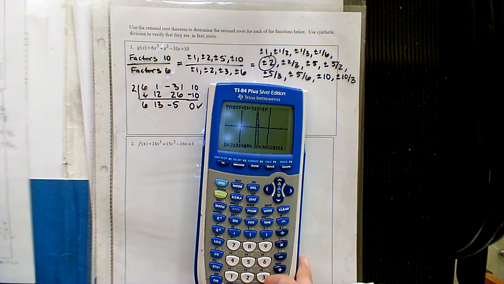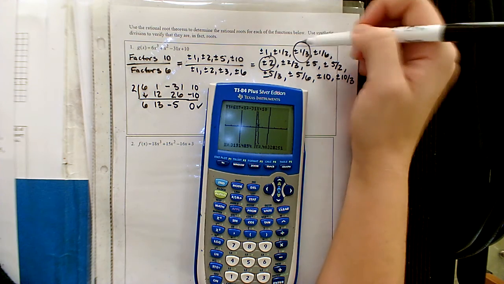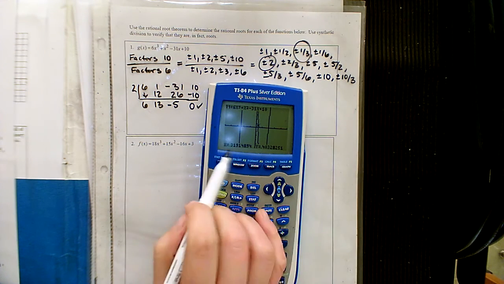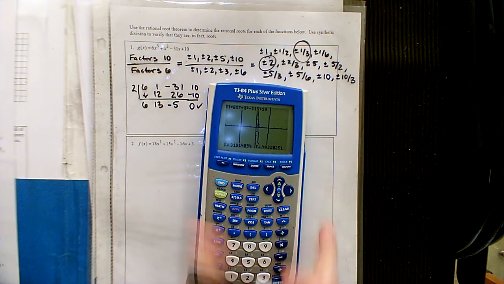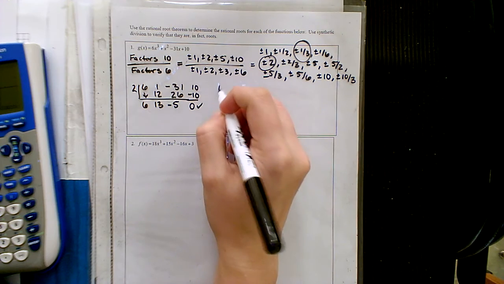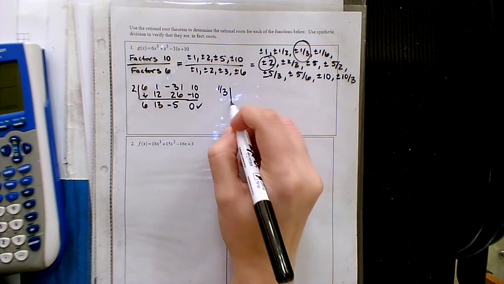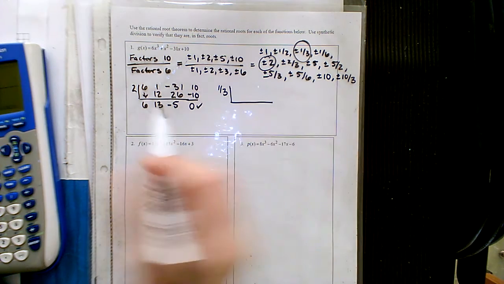Can we choose one? A third. Okay, that's 0.33333. That's pretty close to 0.32. And this one's also positive. So let's use 1/3 as our outside number.